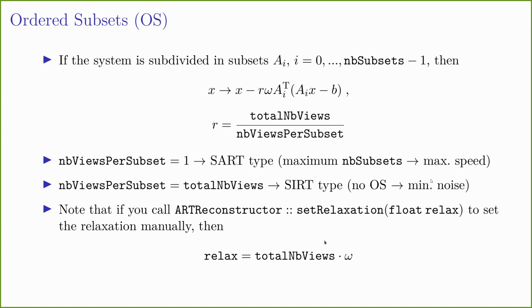Okay, and maybe just a side note: if you do this manual selection of the relaxation that Tim has shown, then this factor relax here is defined as the product of omega and the total number of views, which means that internally this number is simply divided by the number of views per subset. Just keep in mind, if you play around with manually setting this relaxation, this product is meant to be set here.